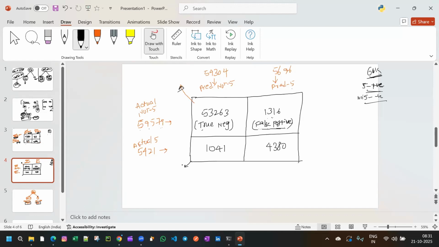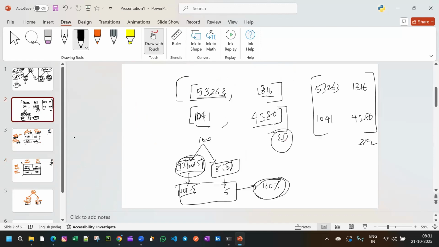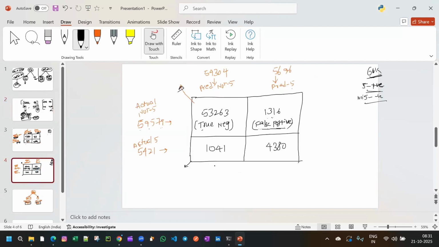Ideally, if my model is 100% accurate, it should predict all the 5 images as 5. In that case, this is also 100% accurate, and the total is 100% accuracy. But what is happening here?